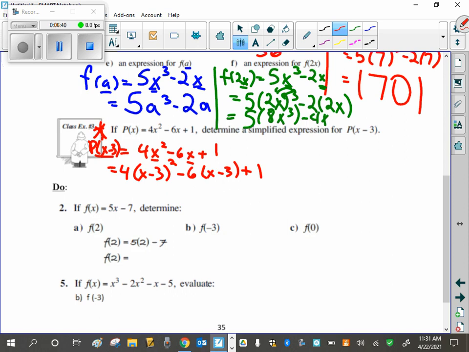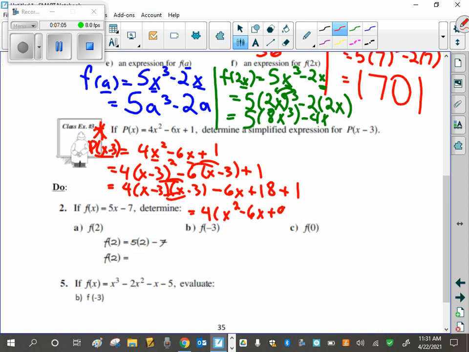So write this down, please, quick. So this is 4 times x subtract 3 times x subtract 3. So that is a FOIL question, and then that's negative 6x plus 18 plus 1. I'm going to just FOIL this in my head. I get 4 times x squared, subtract 6x plus 9, subtract 6x, and then I'm going to add that to be 19.